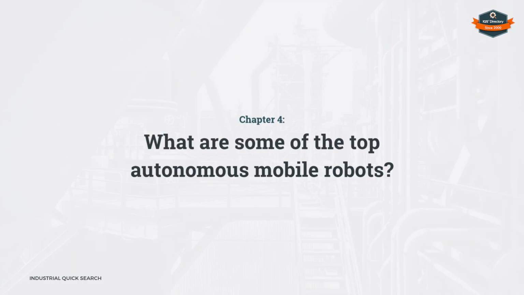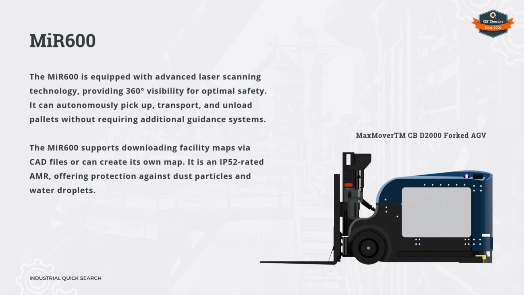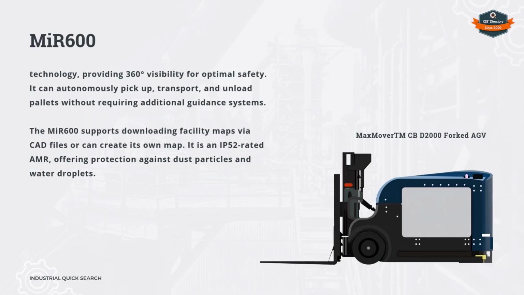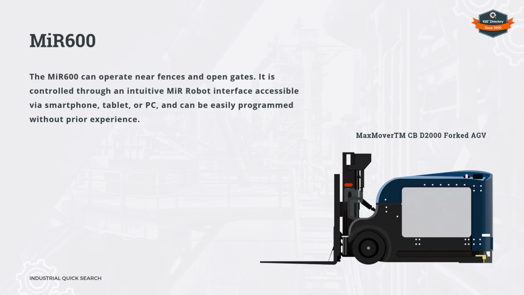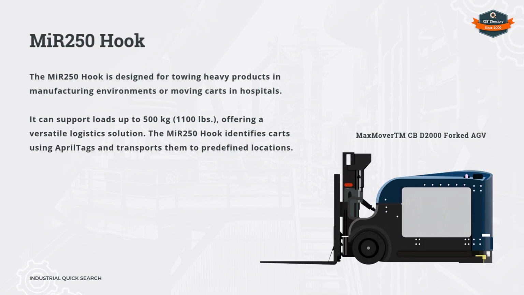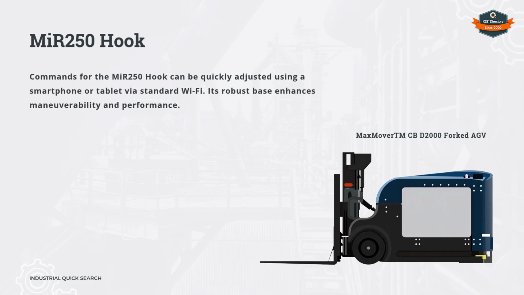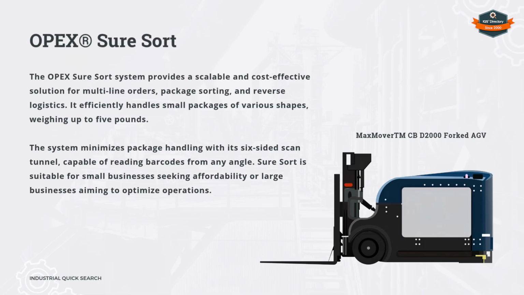Chapter 4. What are some of the top autonomous mobile robots? MiR600. MiR250 Hook. OPEX Sure Sort.